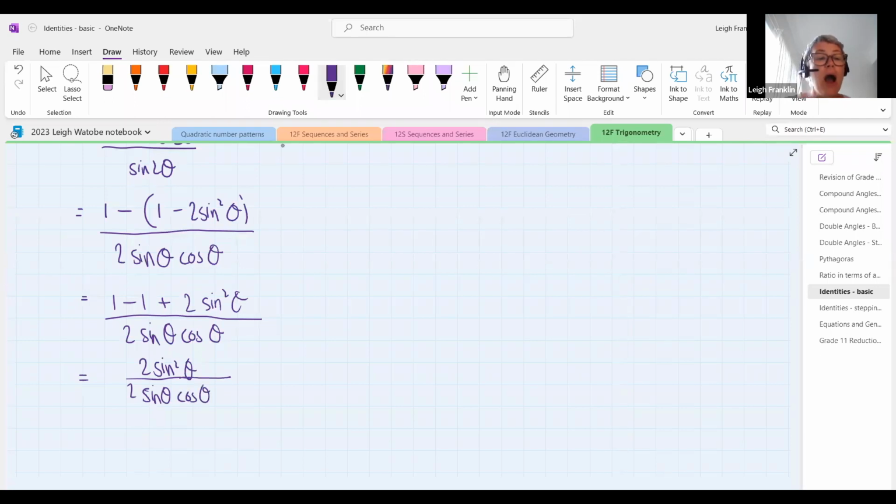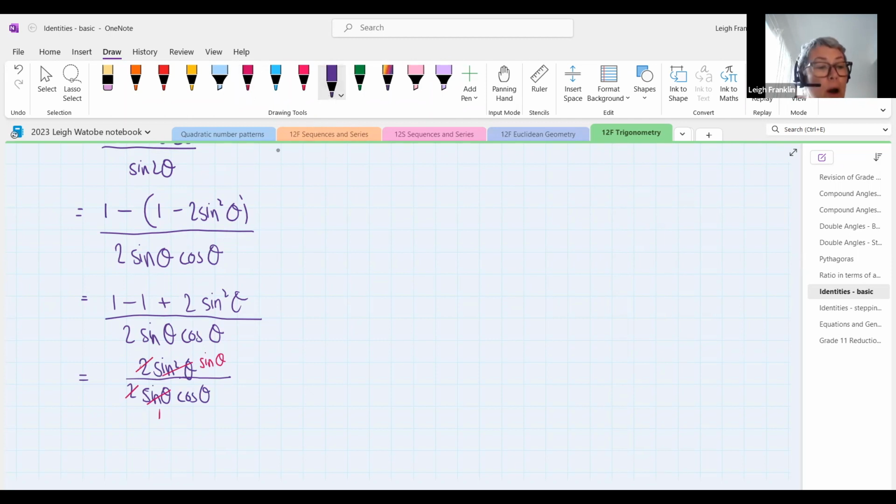So I only have factors. It's like 2 times 3 over 5 times 3: I'm allowed to cancel over multiplication and division signs. So 2 divided by 2 gives me 1. Sine theta will go into itself once, and it'll go into sine squared theta, sine theta number of times.